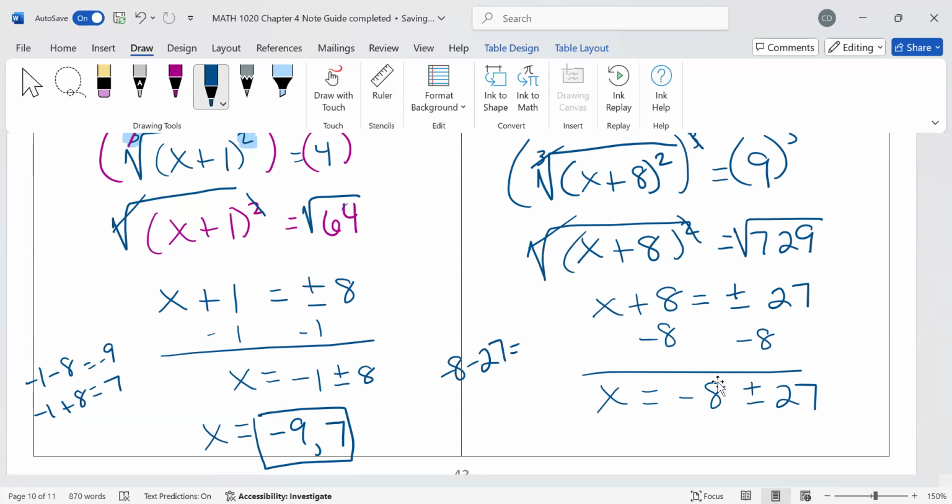So -8 minus 27 gives me -35, and then -8 plus 27 gives me 19. So these two solutions are -35 and +19.